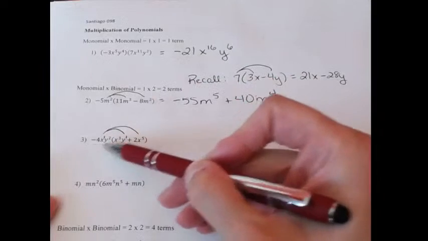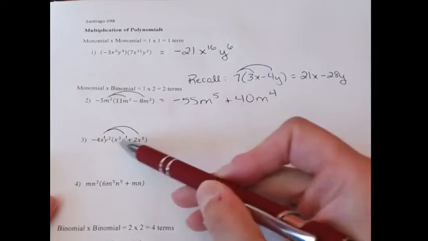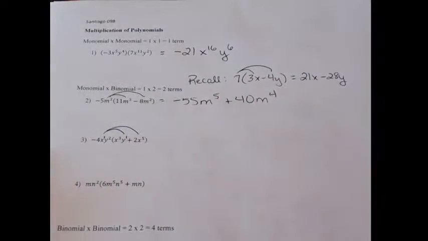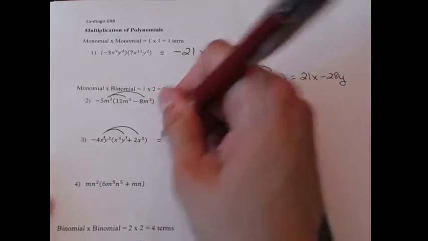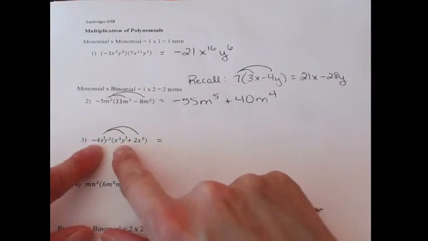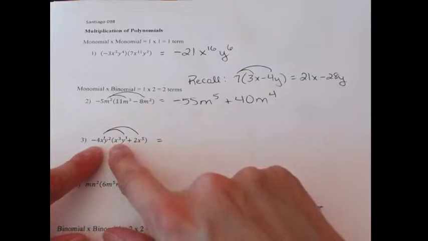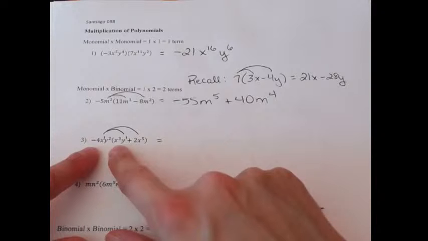Notice it's a monomial times a binomial. There are two terms here. So let's distribute. We have -4x to the 1st, y to the 2nd, times 1x to the 3rd, y to the 1st. You're probably thinking, where in the heck did I get the 1? Well, you know the coefficient of every term is 1 unless it's actually written in there.